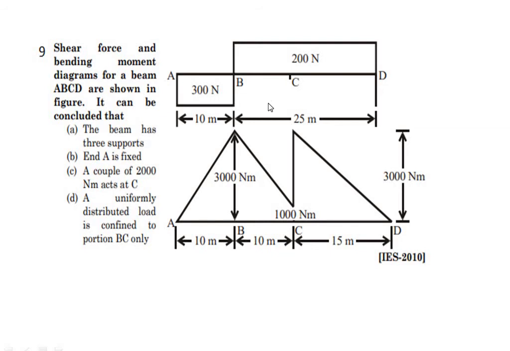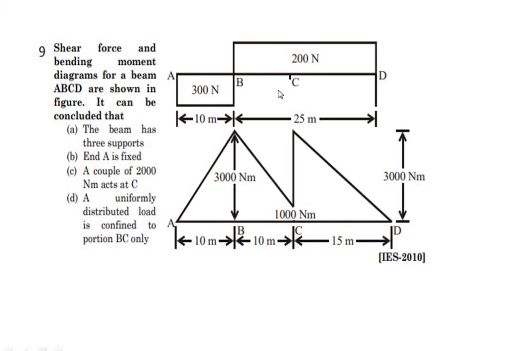So let's have a deeper look into this diagram. If a couple is only acting, the reaction will happen, that is shear force will be acting at these 2 points, right? So there is no chance that there is a reaction here. Even if you have a support here at the point A, the shear force will be 0, because at this portion you don't have a loading, only a couple acting here.